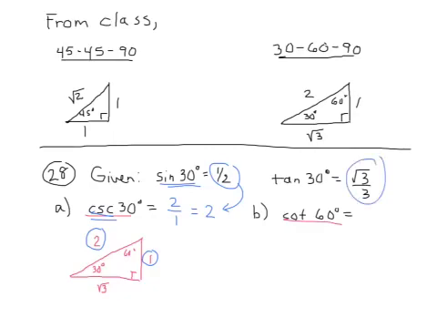But we can say, well, cotangent of 60 is a reciprocal of tangent of 60. So if we go to the 60-degree angle, we know cotangent of 60 would be adjacent, which is 1, over opposite, which is square root of 3.